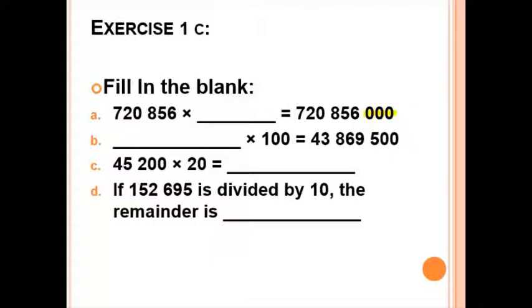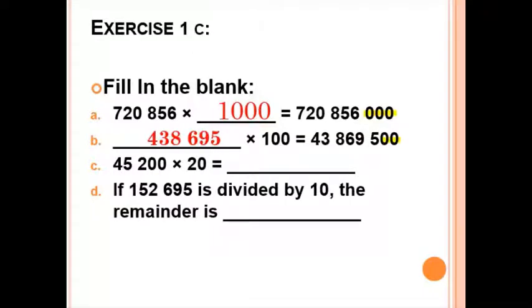So it tells us that we must fill the blank with 1000. Here you can see that the number is not given to us, but it is multiplied by 100 and then the answer is given to us. So 100 has 2 zeros. We can see that 2 zeros are here as well. It means that this number is our answer.